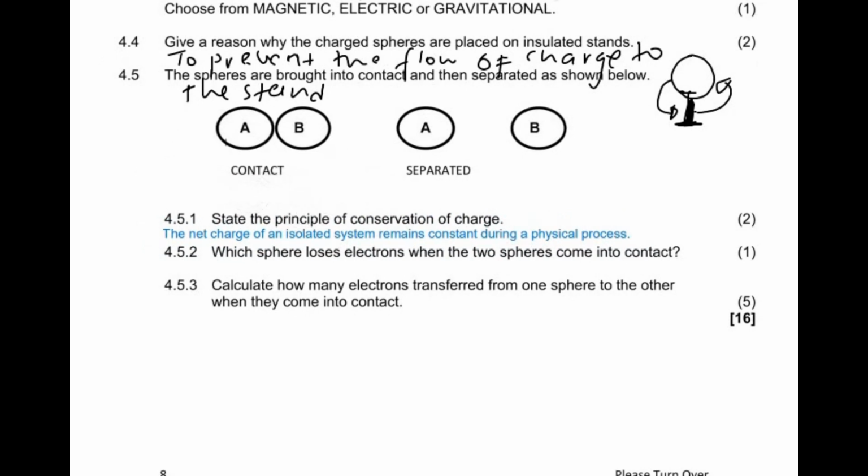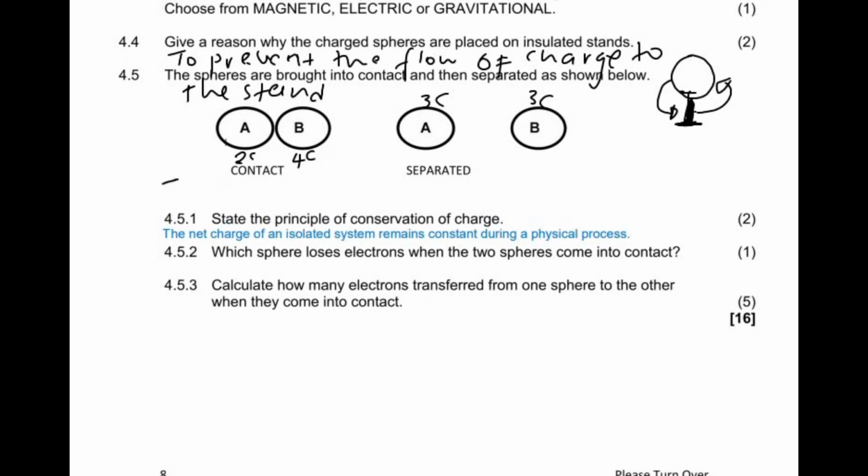So what this is telling me, let's say for an example, you had initially a charge of 2 coulomb on sphere A, and you had a charge of 4 coulomb on sphere B, before they touched. After they touch, you will have a charge of 3 coulombs and 3 coulombs here.